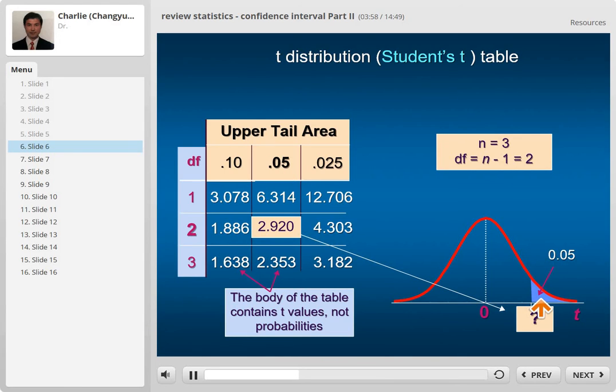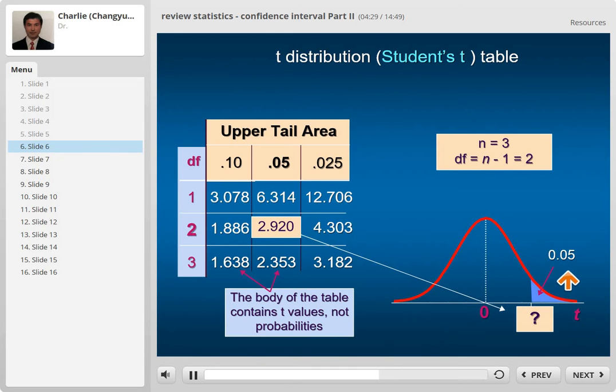The size of this area is 0.05. So going down this column, when degree of freedom equals 2, we find 2.92. And this 2.92 is the value of this point. The highlighted area beyond this point has a probability of 0.05.